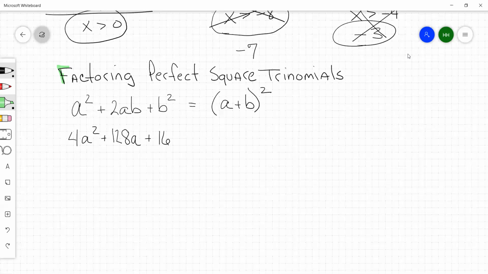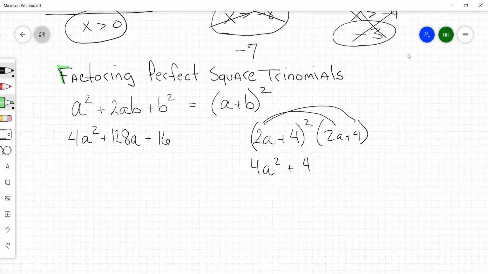Let's see if we do. Times 2 is a 4. No. This will be a 8a plus 8a plus 16.